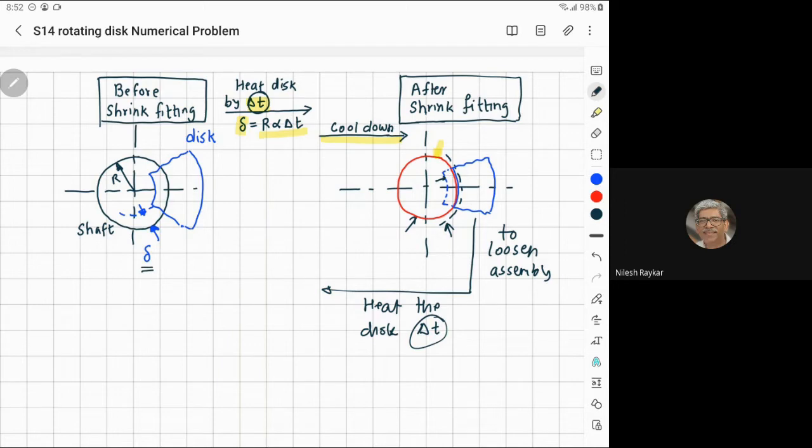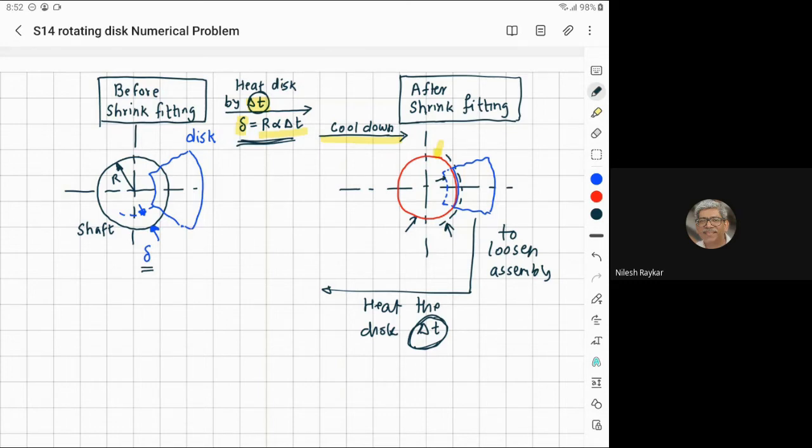So unless you expand the disk by an amount which is equal to delta T, you cannot loosen up the assembly. So when you heat it by this delta T, you will realize the same situation as it was there during the assembly. So the disk will have diameter equal to the unexpanded diameter of the shaft, and then you will be able to loosen it.